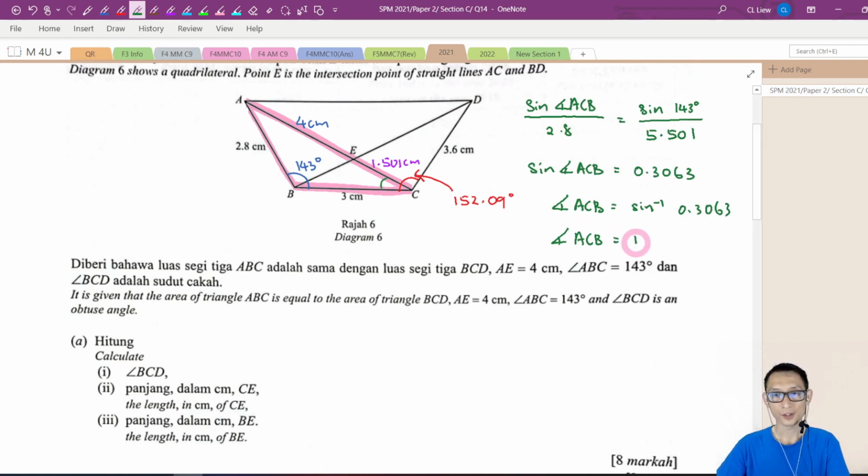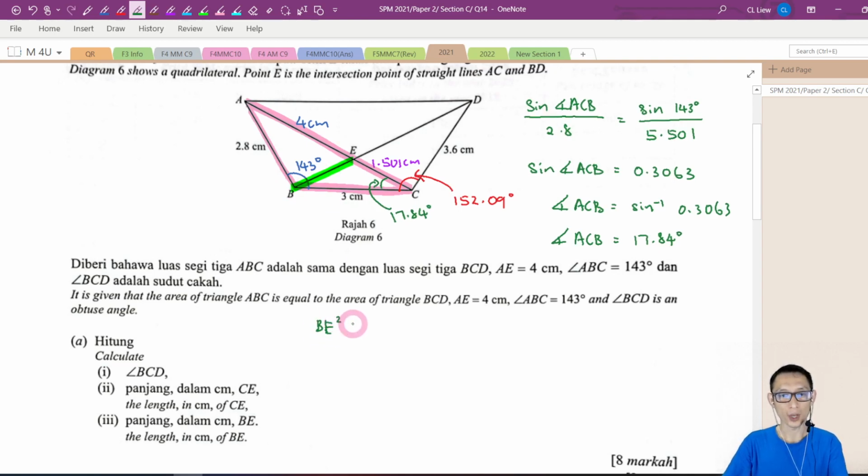Okay, the angle is 17.84 degrees. Now I got the angle here, which is 17.84 degrees. Okay, so now can we get the length here? No problem, right? We just use the cosine rule as we did just now to help us get the length of BE.